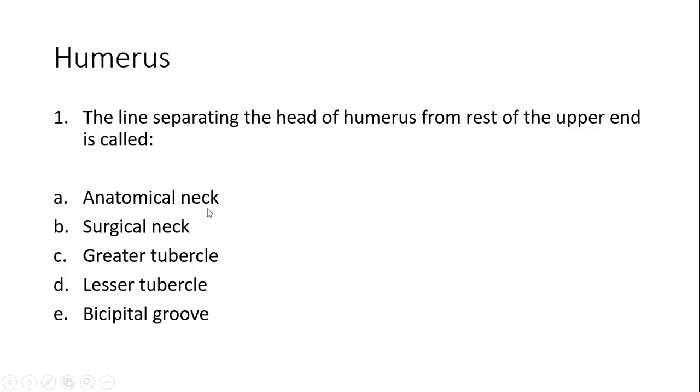And it is the line that separates the head of the humerus from rest of the upper end. So anatomical neck is not actually separating the head of humerus from the shaft like surgical neck was doing. Anatomical neck is simply a constriction given in the upper end of the humerus. So the correct option is anatomical neck.